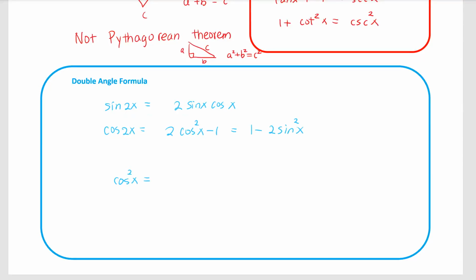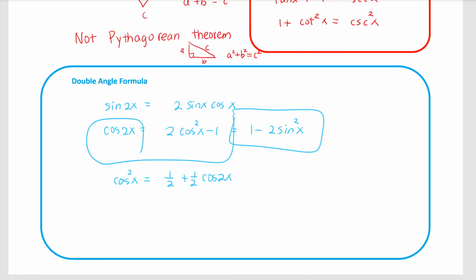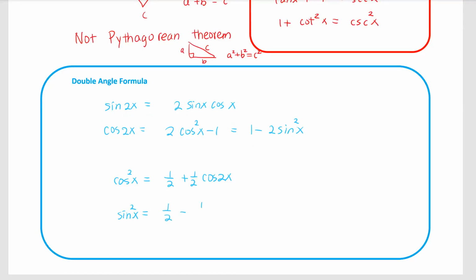So cosine square is 1/2 plus 1/2 cosine 2x. And if we use this one we can solve for sine square. Well, sine square is 1/2 minus 1/2 cosine 2x. So we'll use these 2 a lot. Okay. Yeah, especially in calculus 2.